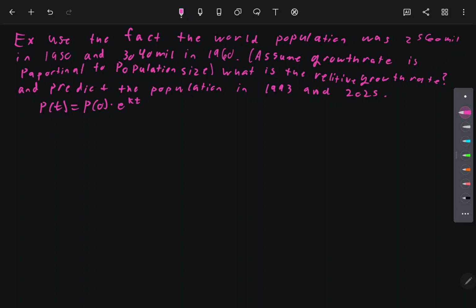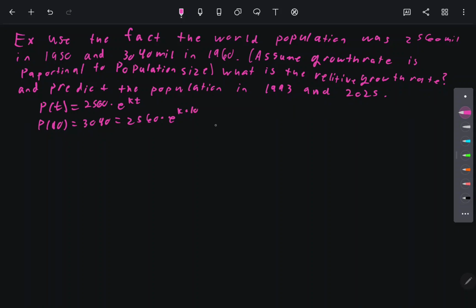And we know this P naught is actually going to be 2,560. All right. And we know that P of 10 is equal to 3,040. But we also know that must be equal to 2,560 times e to some constant k. And we know this is 10 years later, so its time is 10.